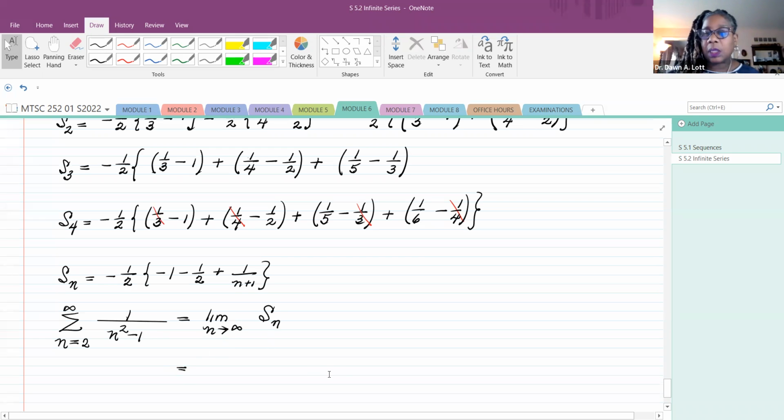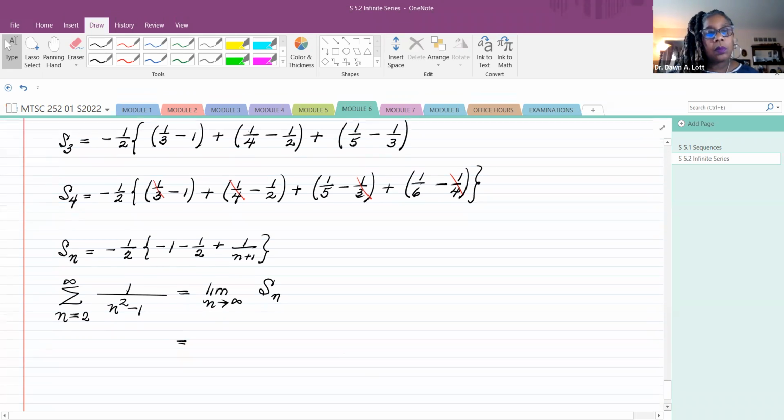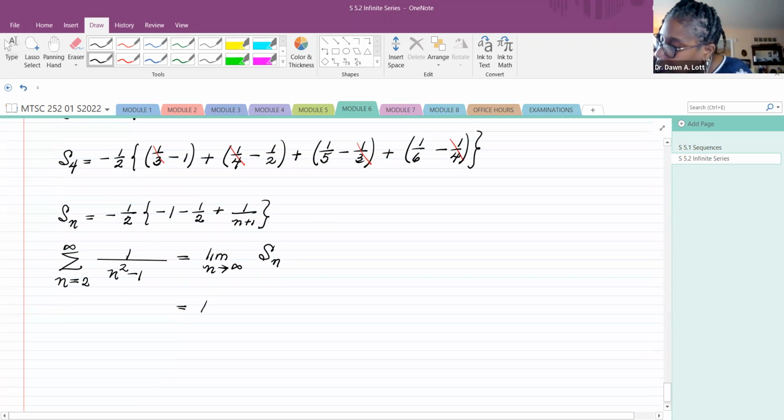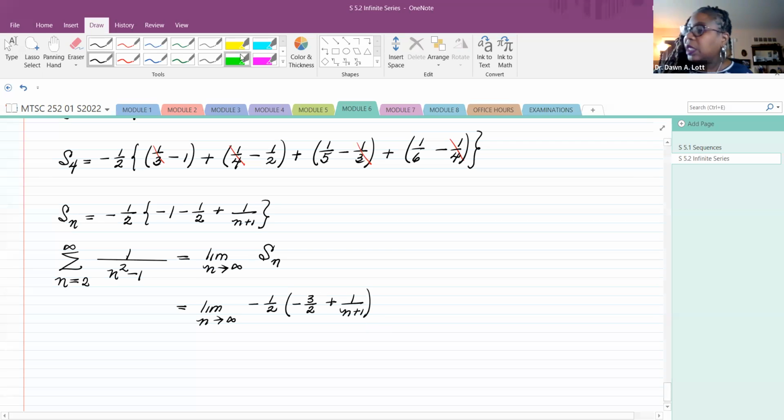That is going to be the limit as n approaches infinity of -1/2 times -3/2 plus 1/n+1. And clearly, as n goes to infinity, this term goes to 0. So the sum is just 3/4. Okay, any questions?